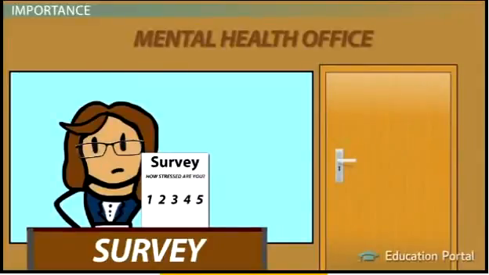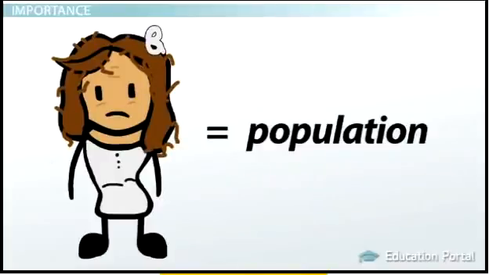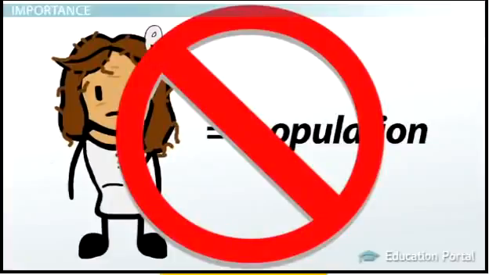But in this example, Brooke's sample might end up being only college students who are seeing counselors. They might be more anxious or depressed or high-strung in general, so the stress of finals might hit them particularly hard. As a result, Brooke's sample doesn't represent the population, and she might end up thinking that college students experience more stress than they actually do.